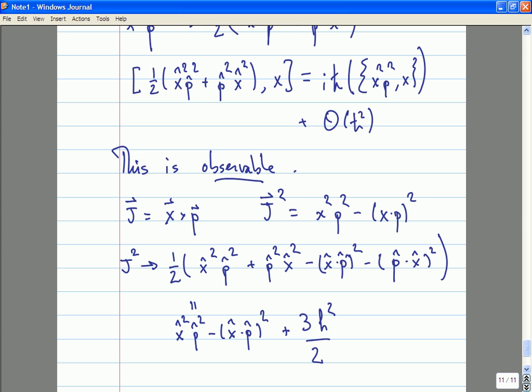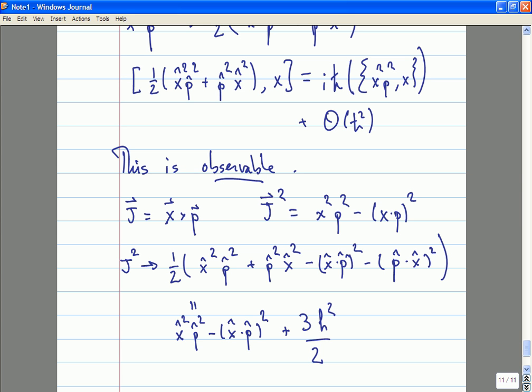And if you actually look back and think carefully about the hydrogen atom, this is something that you've already observed. So if you look at the ground state of a hydrogen atom, you might think that this is a state with no angular momentum, because angular momentum adds energy. However, if you calculate the expectation value of the angular momentum squared for the ground state of a hydrogen atom, it's non-zero.